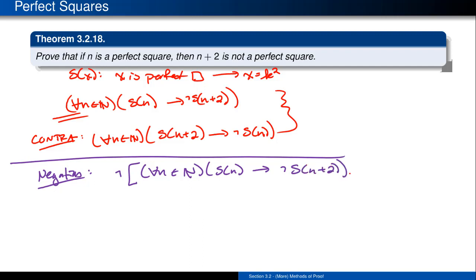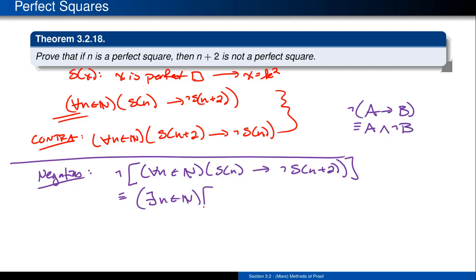If I negate this, my universal quantifier converts into an existential quantifier. So there exists some positive integer, and then I have to negate this conditional. Right now it is of the form a implies b, and negating something that looks like a implies b is not another conditional. It's going to kick out something like a and not b.